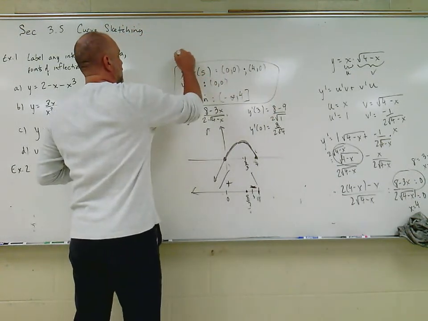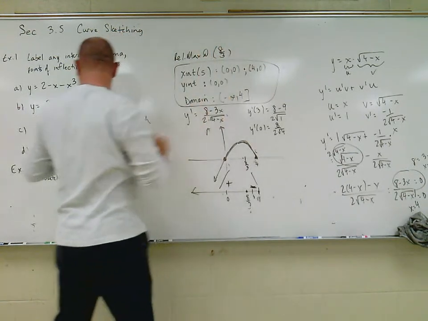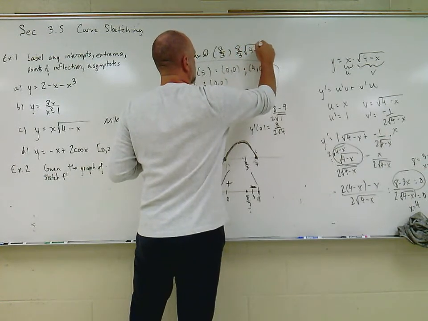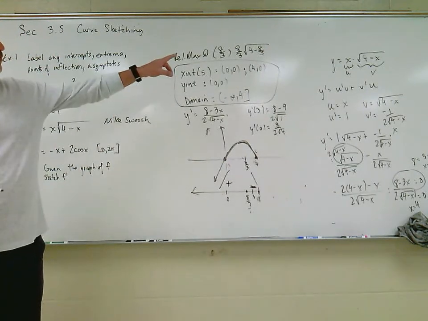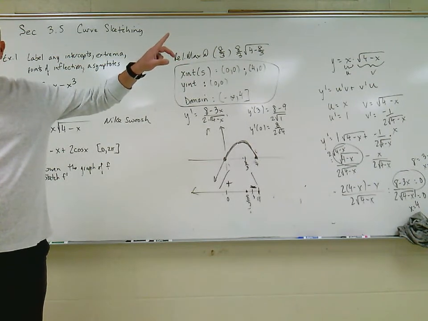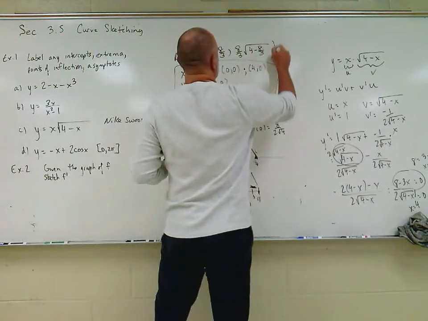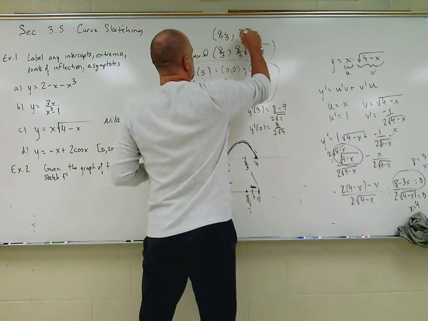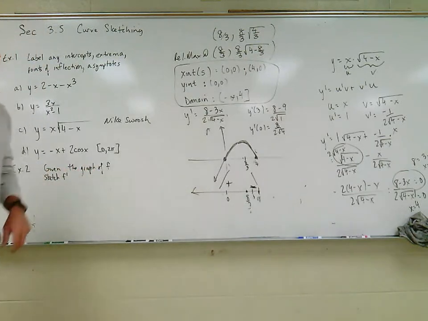I can see that it has a relative max at 8/3, but I'll just plug my 8/3 in and I get 8/3 square root of 4 minus 8/3. Well, that's 4/3, because your 4 turns into 12/3. Everybody good with that? All I did is plug it into my y. So this turns into 8/3 square root of 4/3. And that's not pretty.